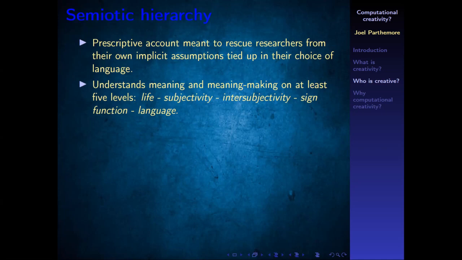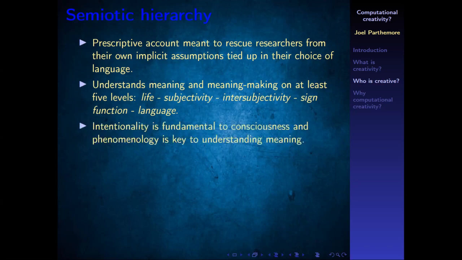He understands meaning and meaning making as taking place on at least five different levels, where each level builds upon and depends critically upon the previous levels, where the base layer is life, then subjective experience, intersubjective experience, sign function, and language. He says that intentionality is fundamental to consciousness and phenomenology is key to understanding meaning. I agree very strongly with him there.